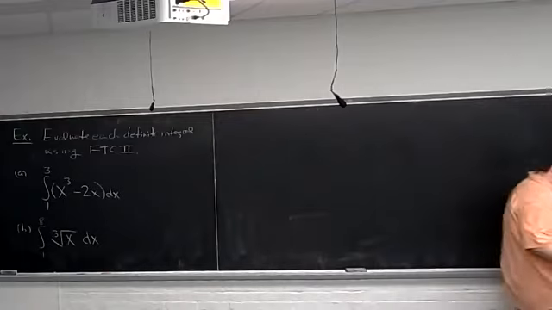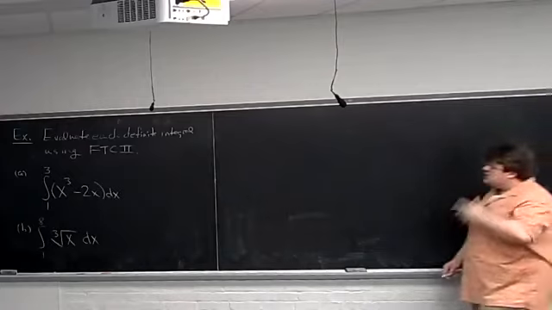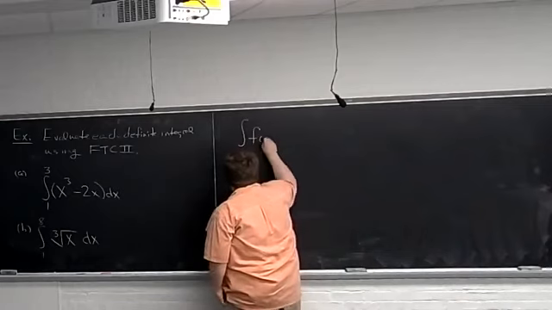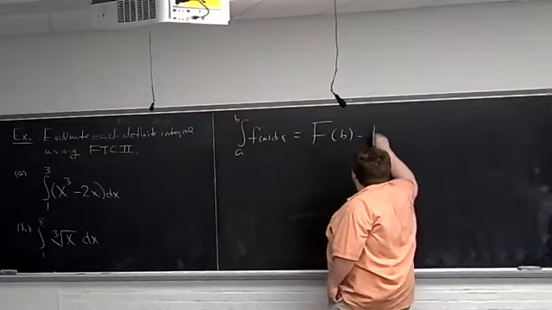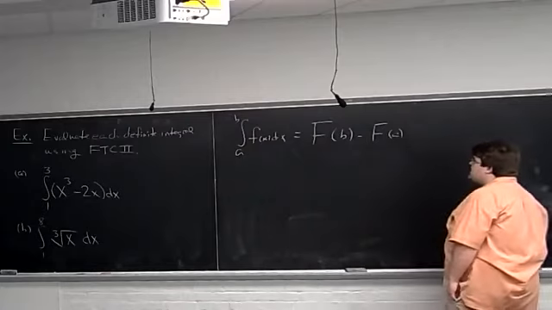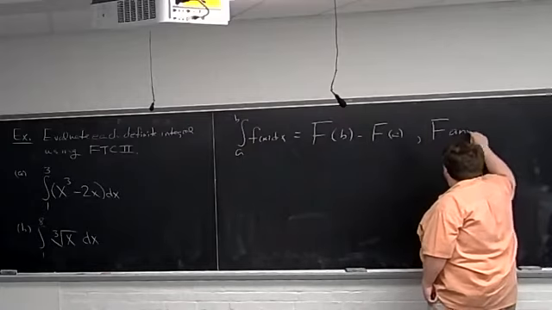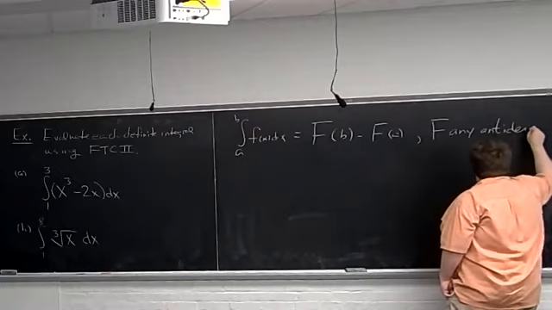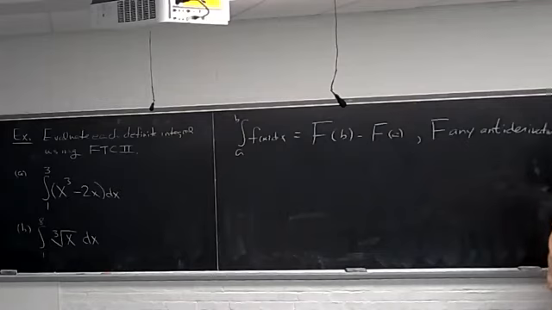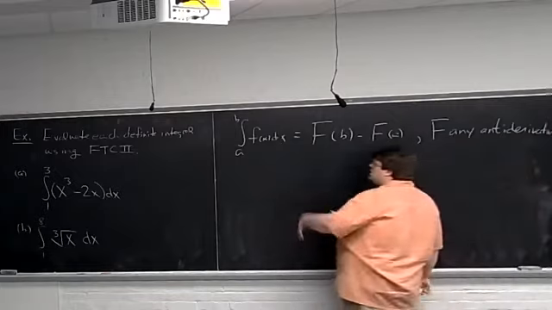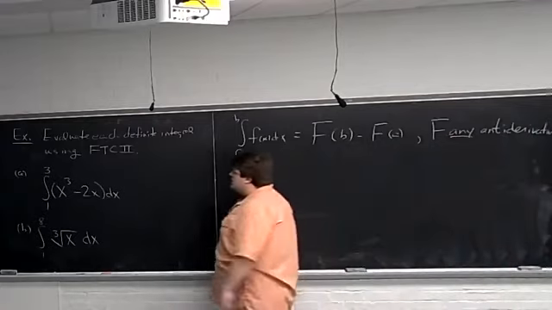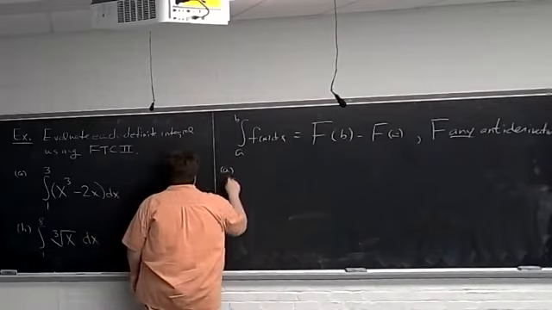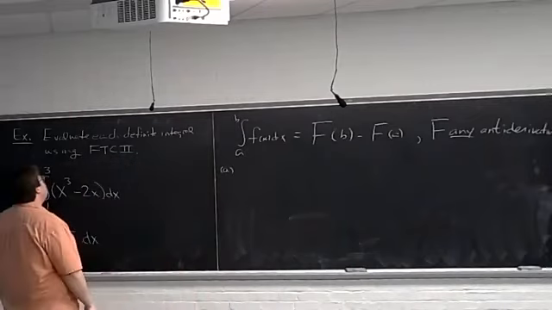What does the second part of the fundamental theorem of calculus say? The second part says that the integral can be found by evaluating any antiderivative at the endpoints, taking what you get at the top endpoint and subtracting what you get at the lower endpoint.